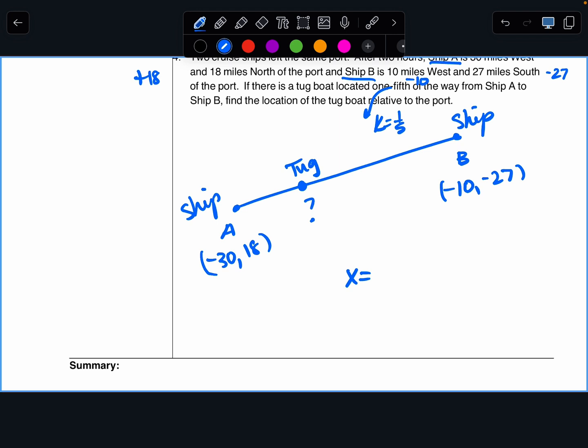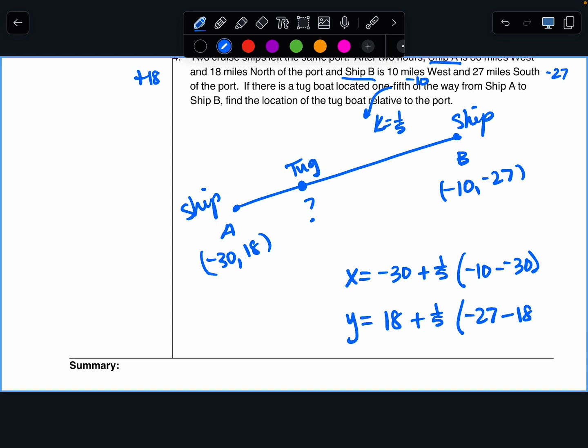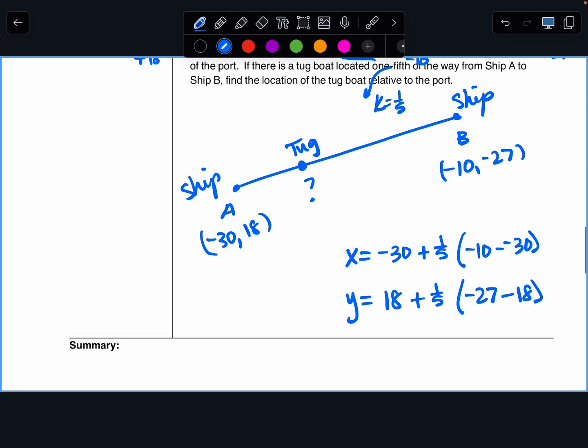So X is negative 30 plus 1/5 times negative 10 minus negative 30. And Y is 18 plus 1/5 times negative 27 minus 18. That's it.